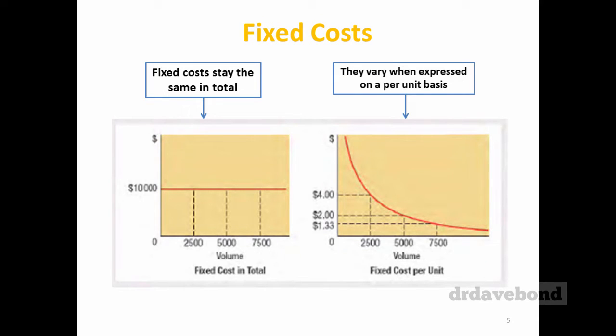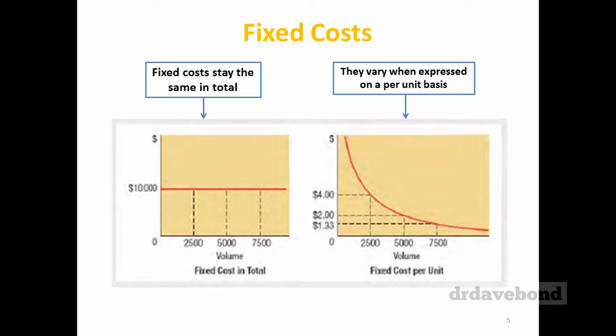So the left is the first line. The right, if you've done some calculus, would be the differential: the change in cost over the change in units. So we're picking up a downward curve. This is economies of scale in play.